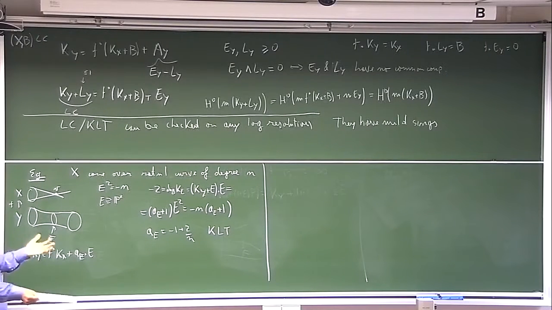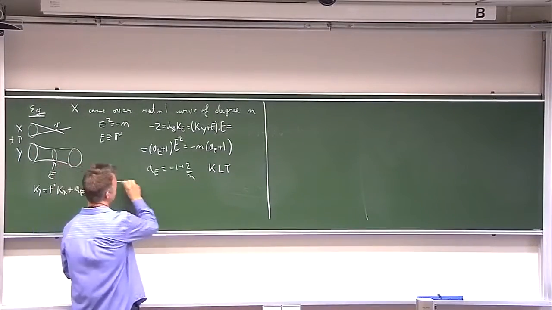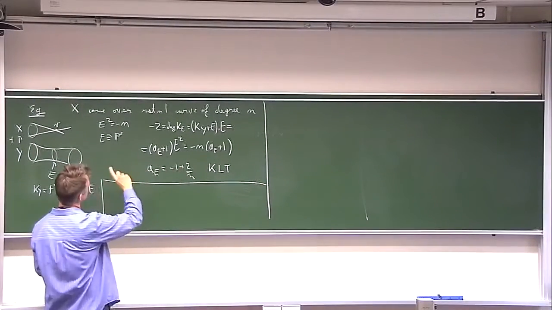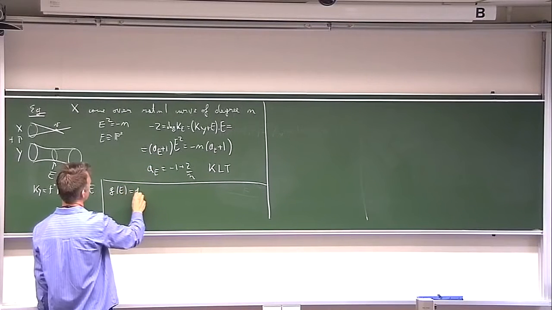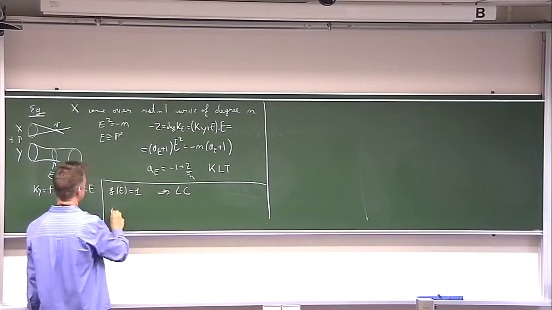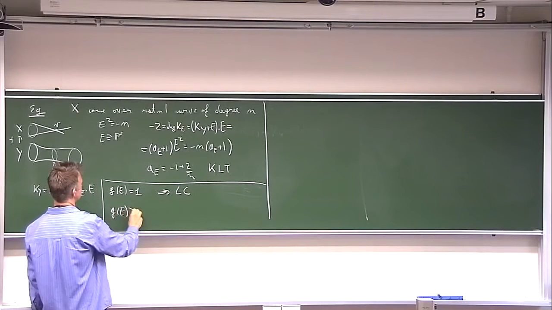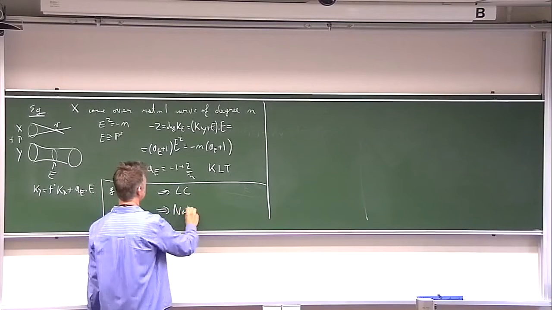A similar calculation will tell you that if, instead of assuming that the genus is 0, the genus of E is 1, if it's an elliptic curve, then you get a log canonical singularity. And if the genus of E is greater than 1, the same computation tells you that it's in fact not even log canonical.